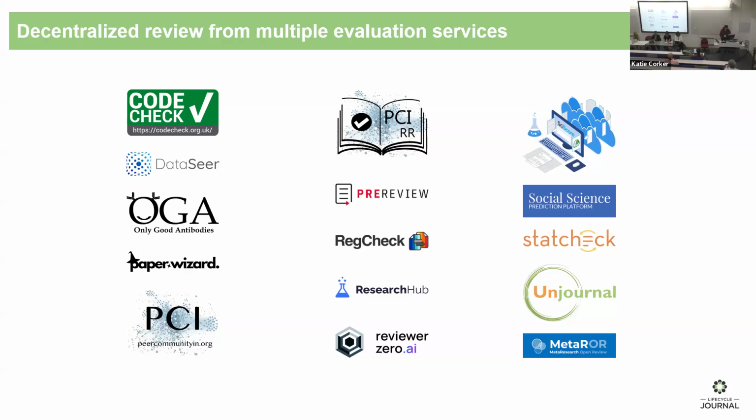So right now, that means that we'll consider empirical research in the fields of natural and life sciences, medicine, clinical science, social and behavioral sciences, and then some of the humanities. And so this is a dynamic list. It's an expanding list. If you want to see your service on this list, you can talk to me afterwards. But yeah, these are the groups that we're working with right now.